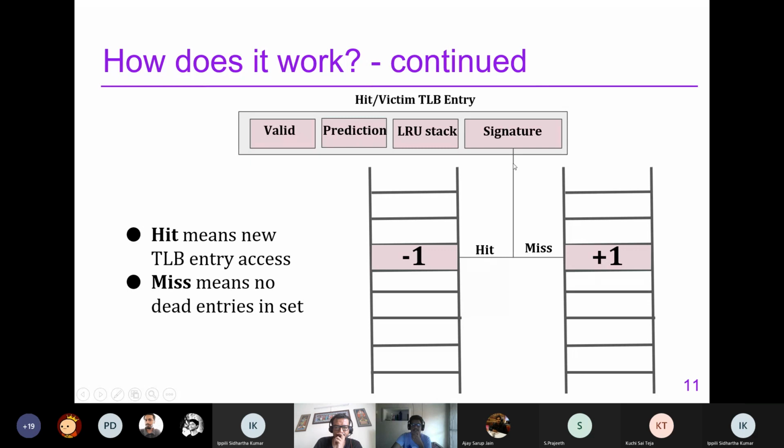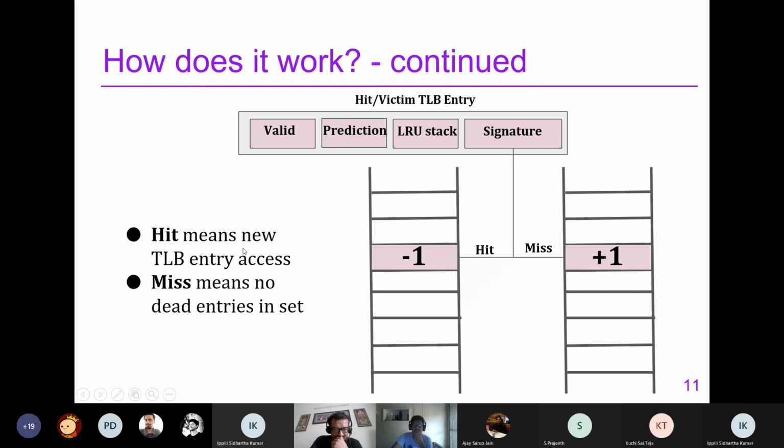When there is a hit, the corresponding counter is decremented, and when there is a miss, the corresponding counter is incremented. It is incremented because the higher the count value, the higher the probability that it will be more than the threshold, and so the more probable that the TLB entry is dead. Similarly, the logic goes for a hit. Hit here means a new TLB entry access, and miss here means no dead entries in the set.